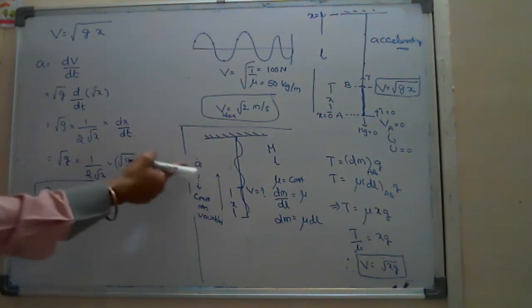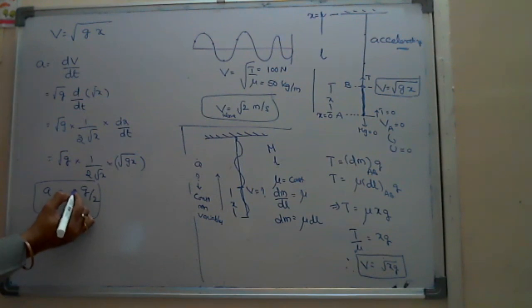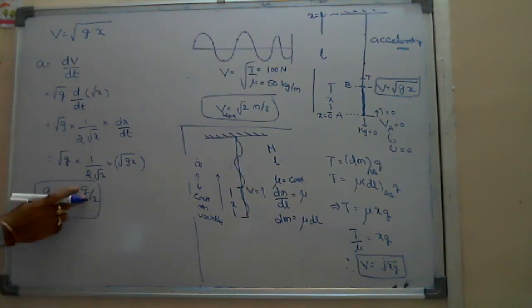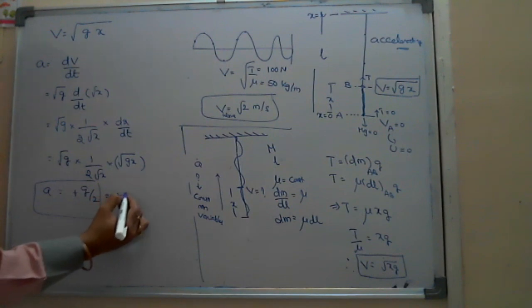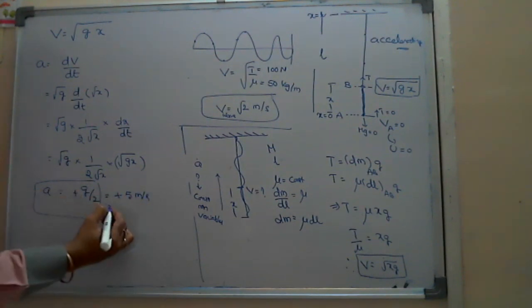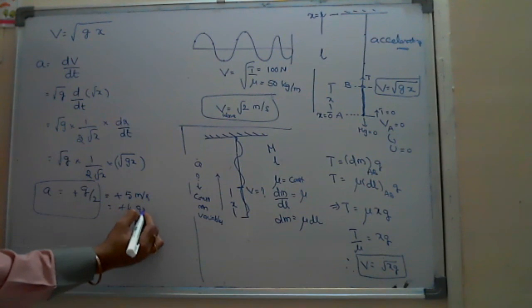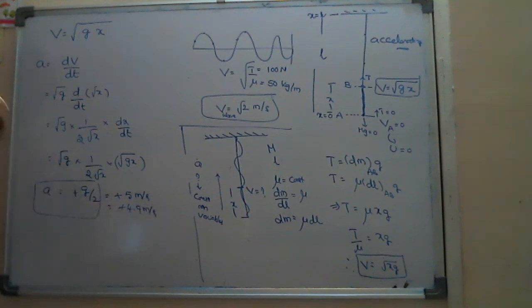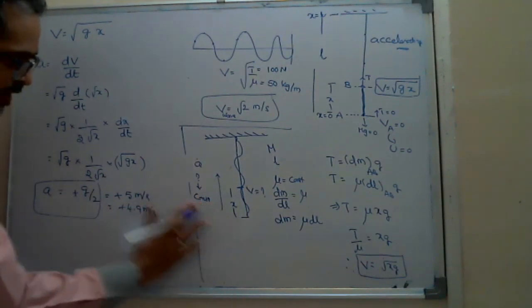And you already said it is acceleration, not deceleration, so plus g by 2, where g is a constant. So g by 2 is 5 meters per second squared if you take g as 10, or 4.9 meters per second squared if you take g as 9.8. Is this a constant or variable? Constant, not a variable.